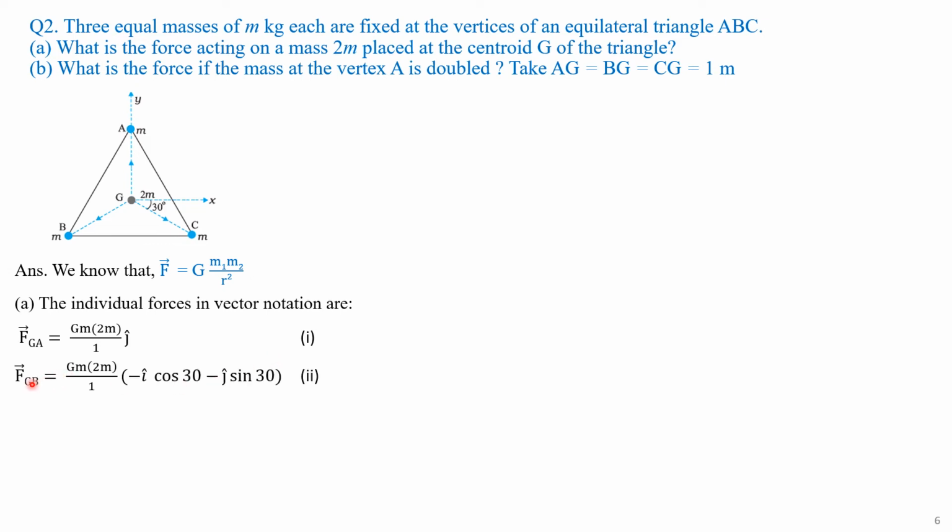Now, FGB, the force between G and B, is given by G M into 2M divided by 1, and its direction is minus I cos 30 minus J sin 30, because we have to resolve this force along the x-axis as well as the y-axis. Therefore, the y component is J sin 30 and the x component is I cos 30. Let it be equation 2.